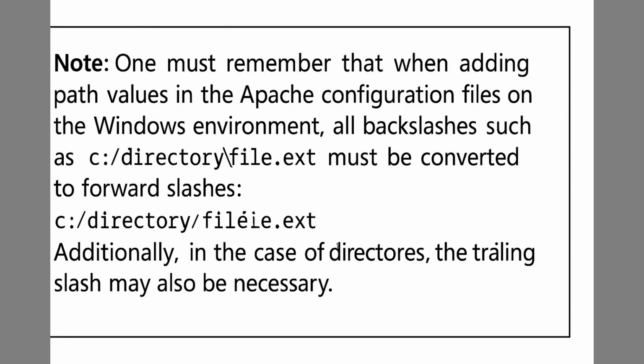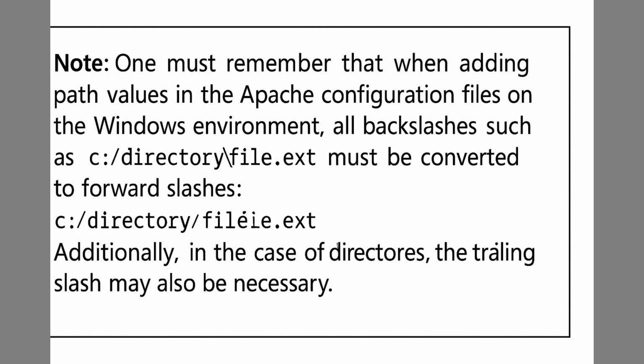When configuring Apache on a Windows system, it is very important to pay close attention to how file paths are written inside the Apache configuration files. Normally, in Windows, file paths are written using backslashes. For example, c:\directory\file.ext. However, Apache does not recognize backslashes correctly because it follows a Unix-style path structure.